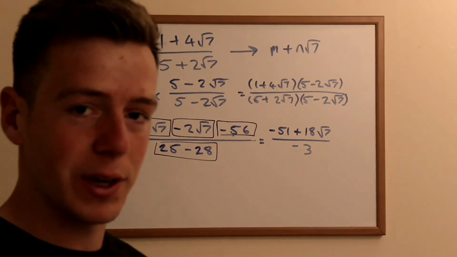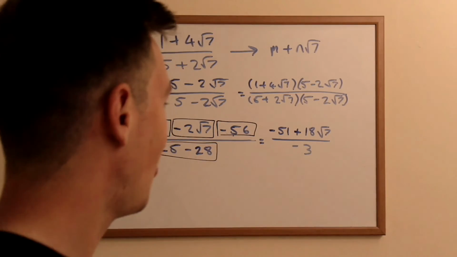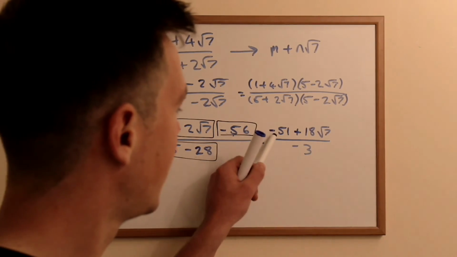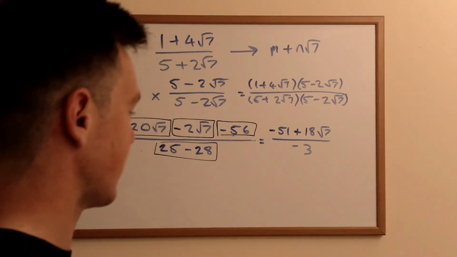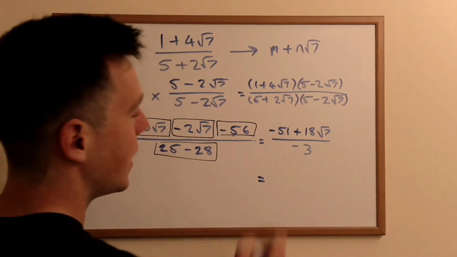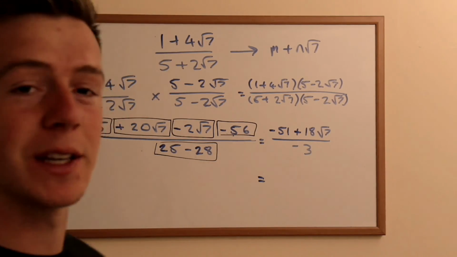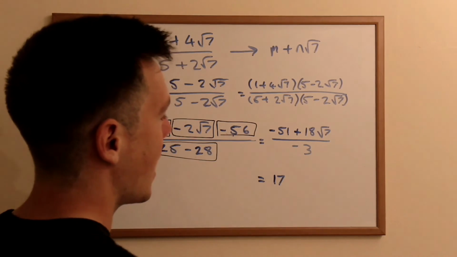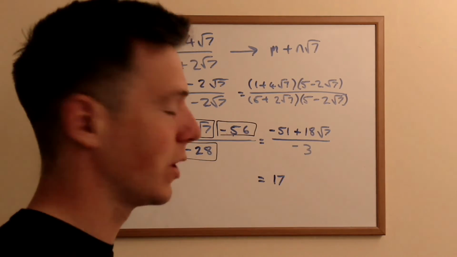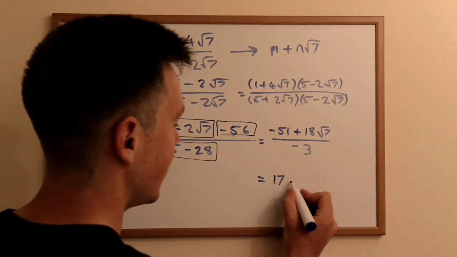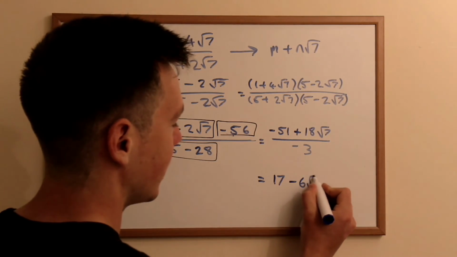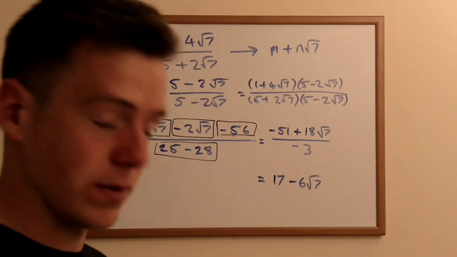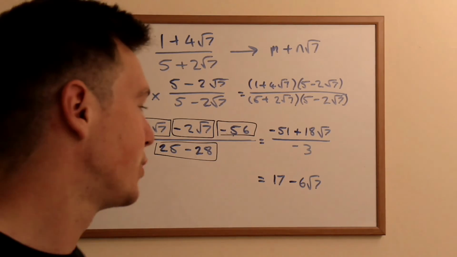So we're getting pretty close now to solving it. All we need to do is just divide by negative 3. So negative 51 divided by negative 3 is 17, and 18 divided by negative 3 is negative 6, and of course we have negative 6 lots of root 7.